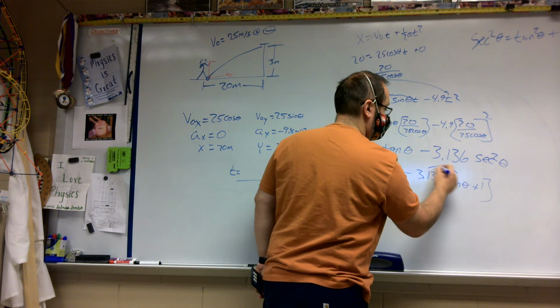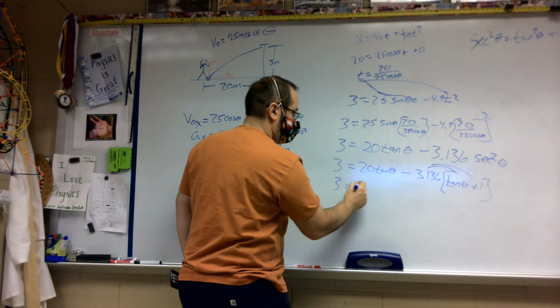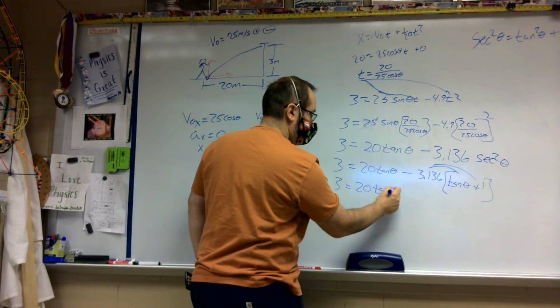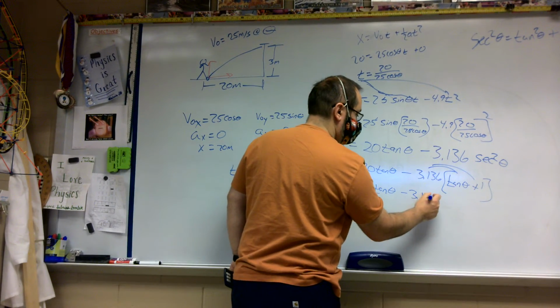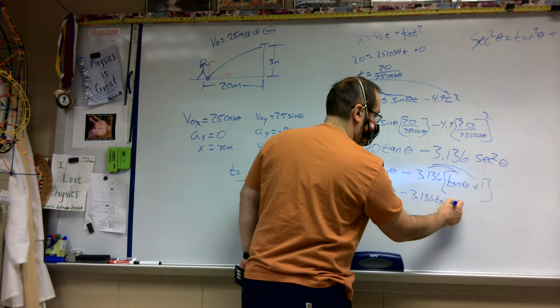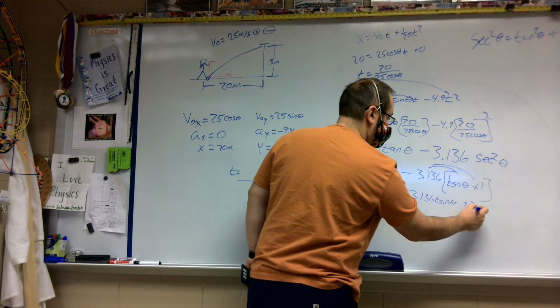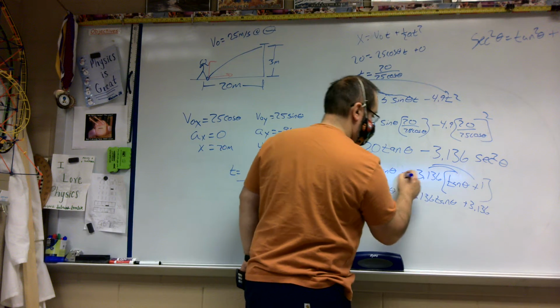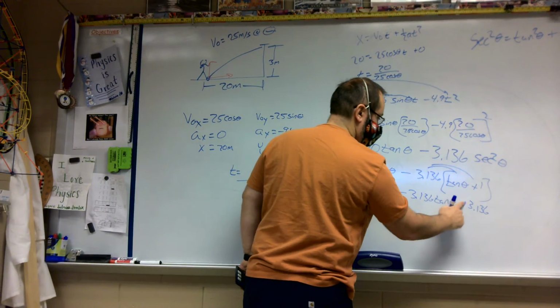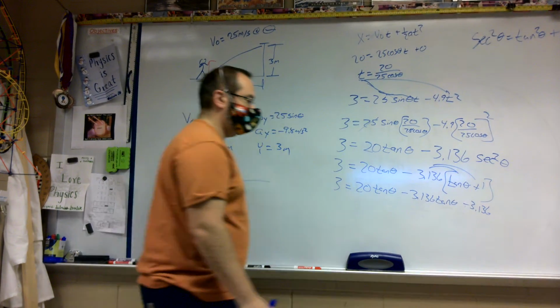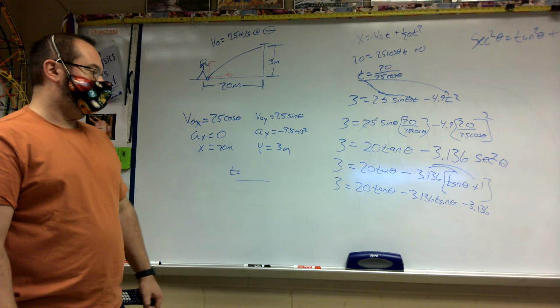We do the distribution: 3 is equal to 20 tangent theta minus 3.136 tangent squared theta minus 3.136. Make sure you distribute the negative.